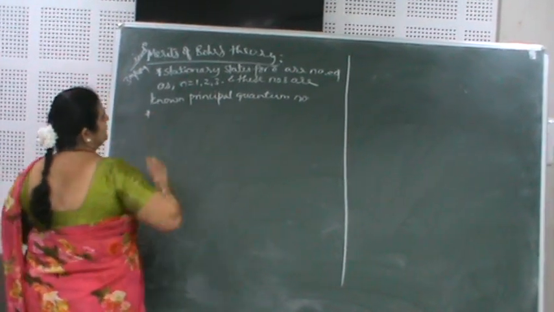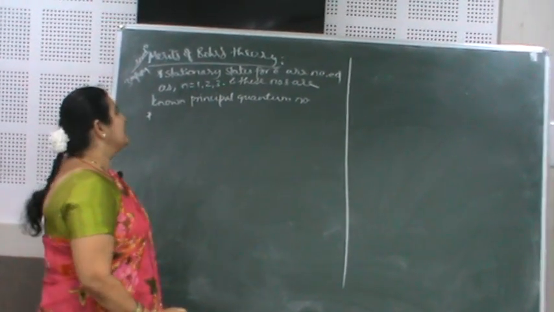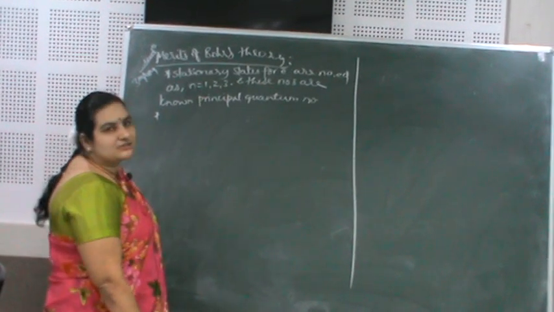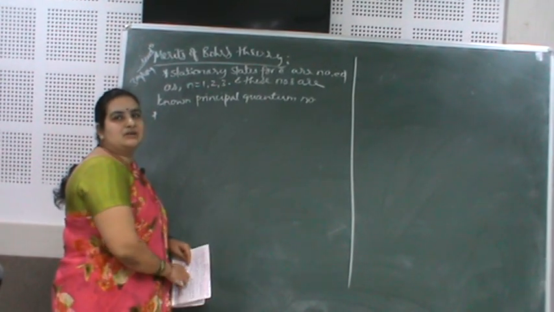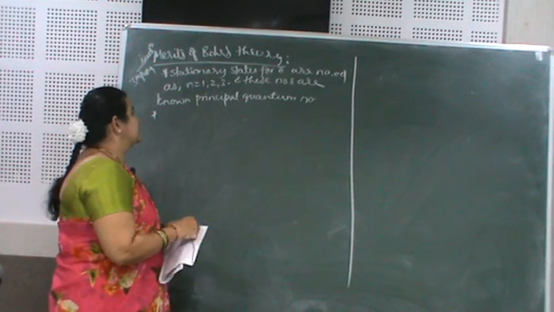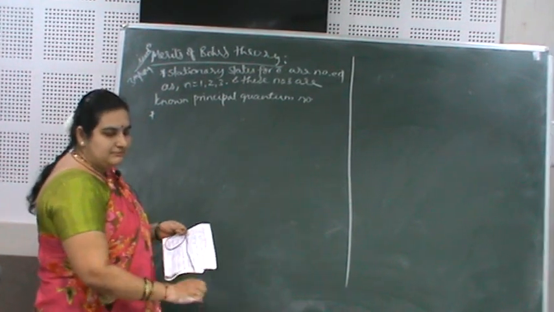This is the first merit of Bohr's theory. That is, stationary states for electrons are numbered as n is equal to 1, 2, 3, and these numbers are known as principal quantum numbers.